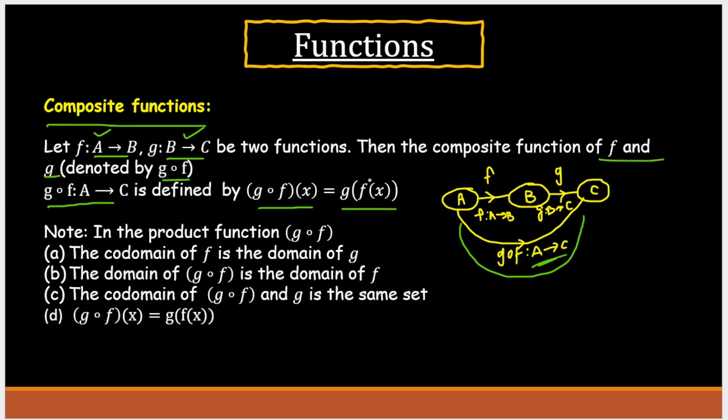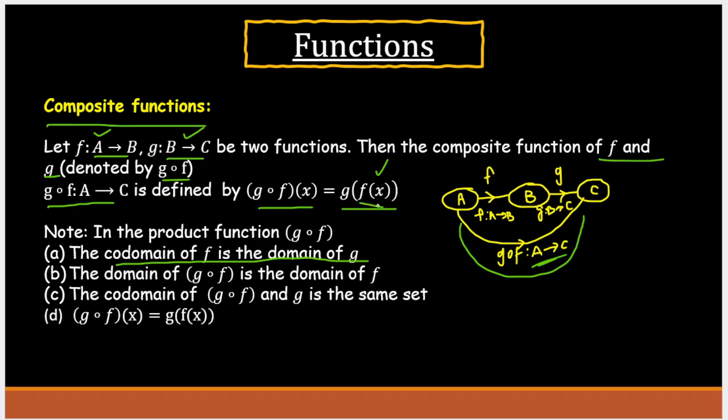So here the domain for the g function is the image of the function f. In the composite function g circle f, the codomain of f is the domain of g.